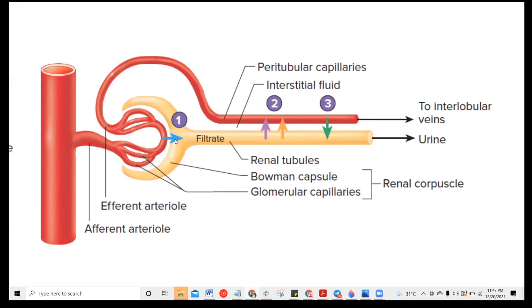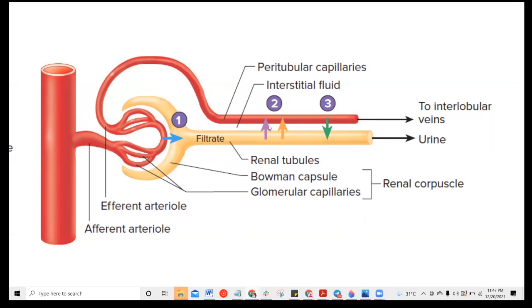Number one here, as you can see, is a blue arrow. It's the filtration. The blue arrow here is the movement of materials across the filtration membrane into the Bowman capsule to form filtrate. This is your Bowman capsule, and this is where the filtration takes place.